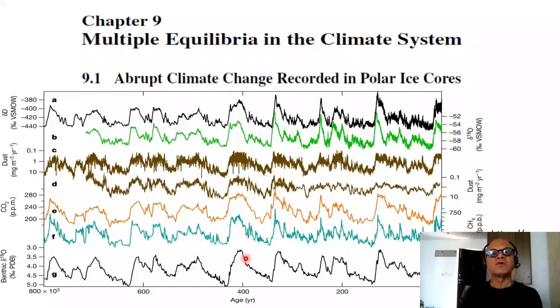The ability of the atmosphere to hold moisture gets reduced continuously, which means the snowfall rates over the glaciers begin to reduce, so the growth of the glacier begins to go slower and slower.